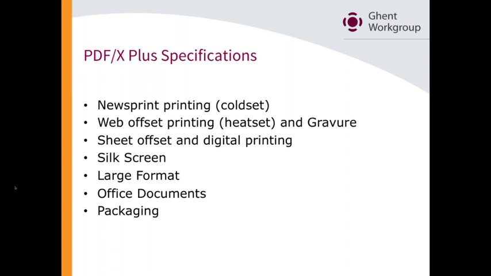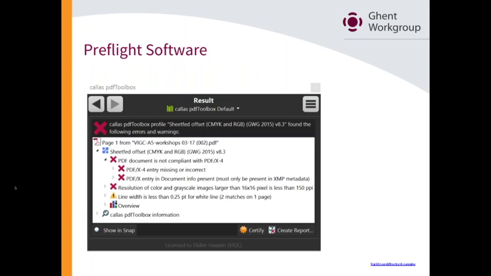So if we look at the PDF Plus specifications, we have newsprint, web offset print, sheet-fed offset, silk screen, large format, office documents, packaging. There are specifications for each of these categories, and we're constantly looking at increasing this as we find additional needs. As I said, the specifications are available in a lot of the preflight software that's out there.